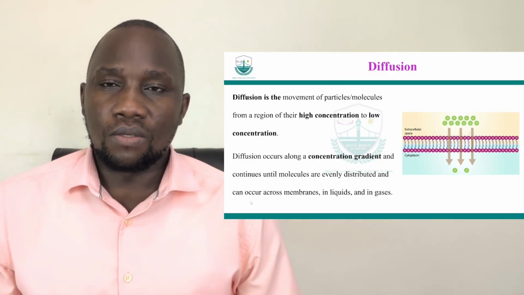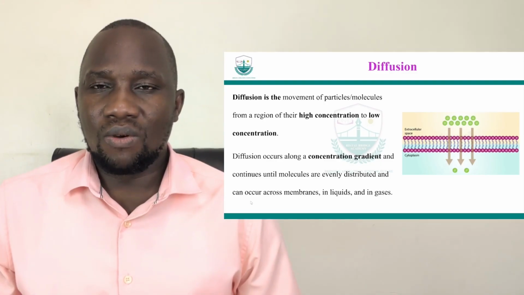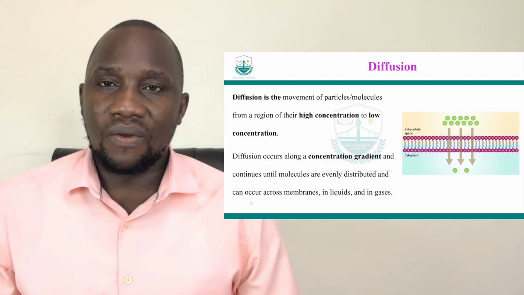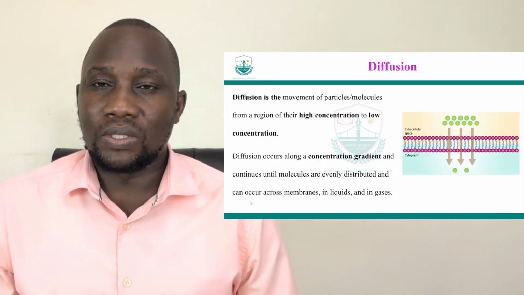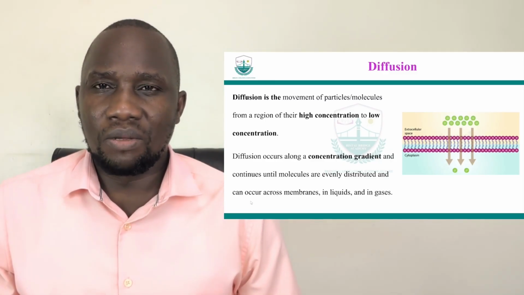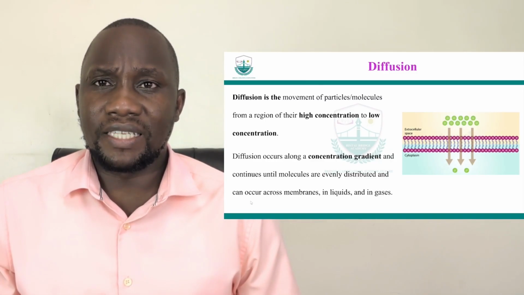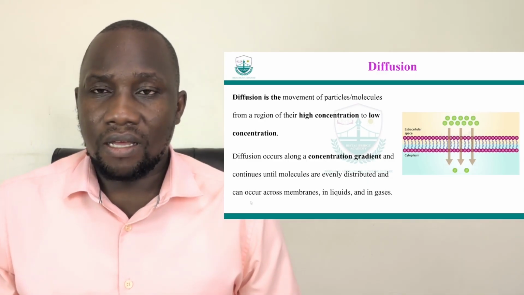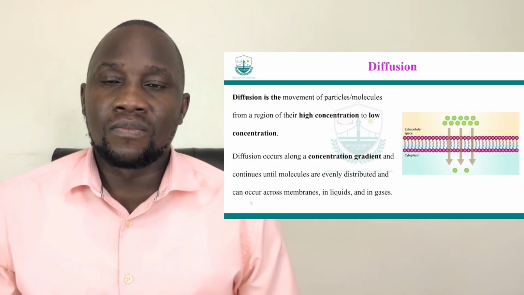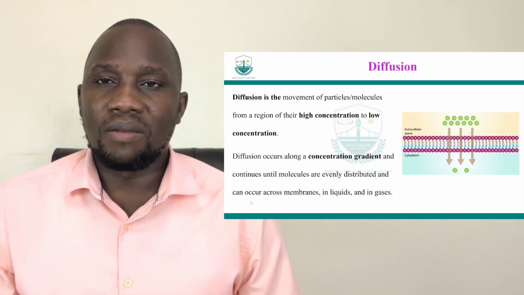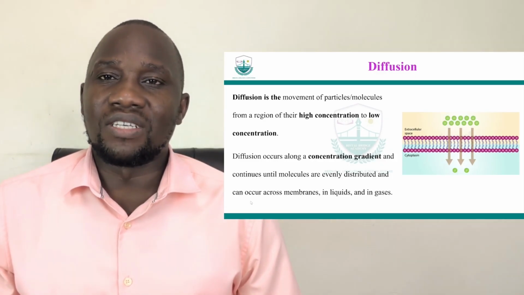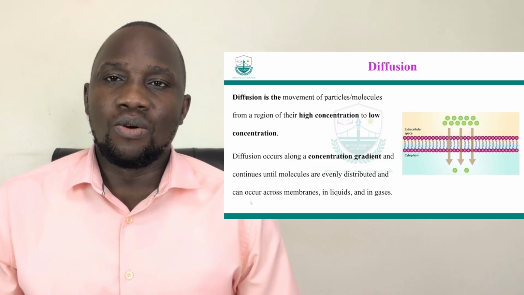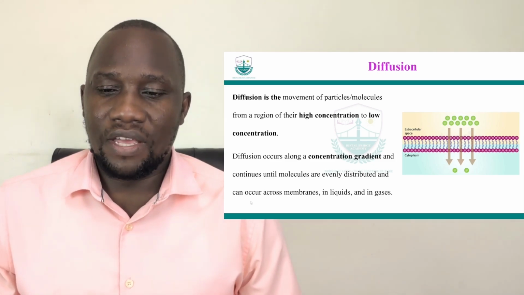And that is diffusion. So it happens along the concentration gradient, where you have particles moving until you have an equilibrium where the particles on either side are of the same number. Okay, so that means that you don't have a concentration difference, or you don't have a concentration gradient.